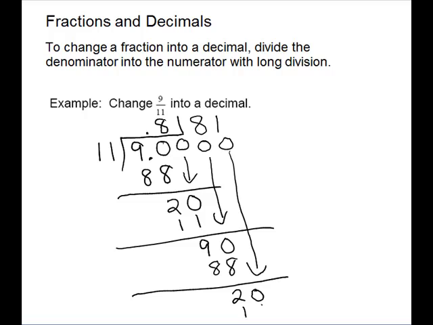Multiply back. And what you notice is you're getting a pattern, but it's not just 1 digit. It's repeating in 2 digits. So our repeating decimal here is going to be 0.81, and we'll put the bar over both because that's what is continuing to repeat.